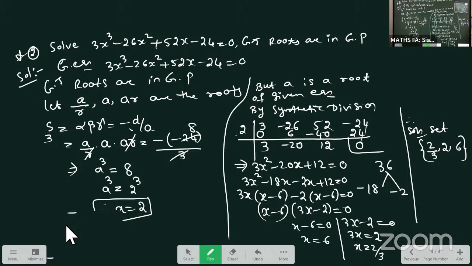So there is one practice question here. After going through this, you can practice this question. I am writing this example question here.